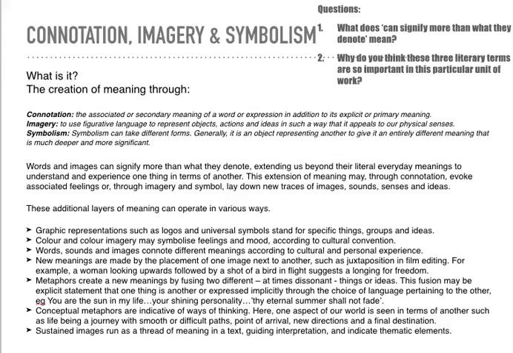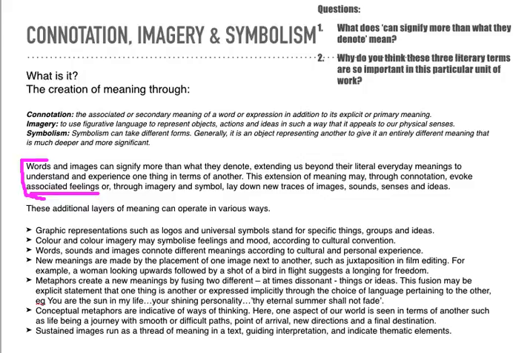But let's have a look here. Words and images can signify more than what they denote, extending us beyond their literal everyday meanings to understand and experience one thing in terms of another. This extension of meaning may, through connotation, evoke associated feelings, or through imagery and symbol, lay down new traces of images, sounds, senses, and ideas.